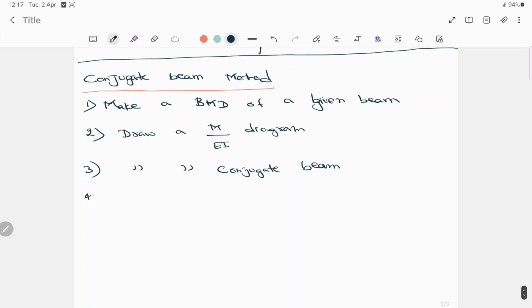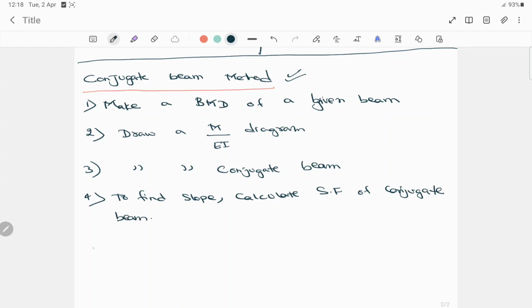And the fourth step is, as this conjugate beam is also used to find the slope and deflection, to find the slope, we have to calculate the shear force of the conjugate beam. And the last step is to find the deflection.